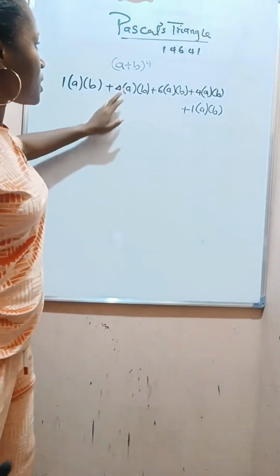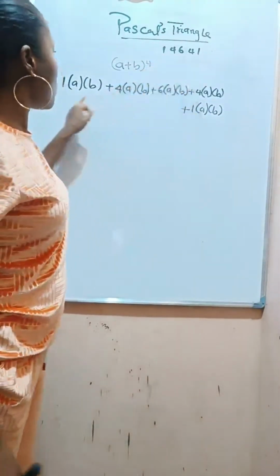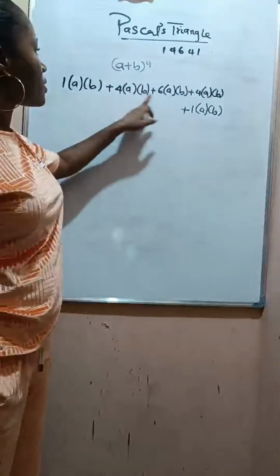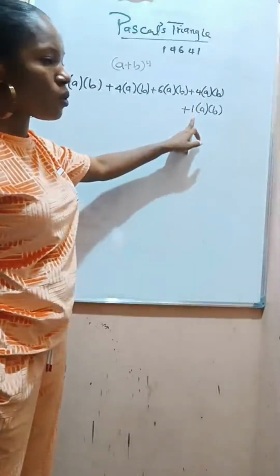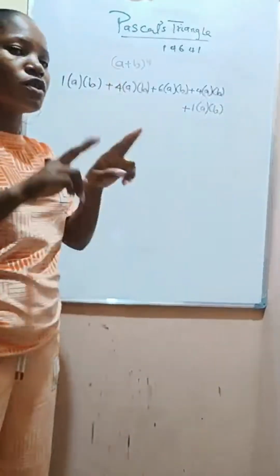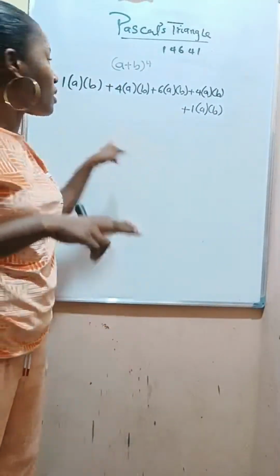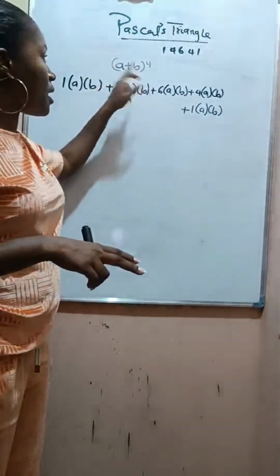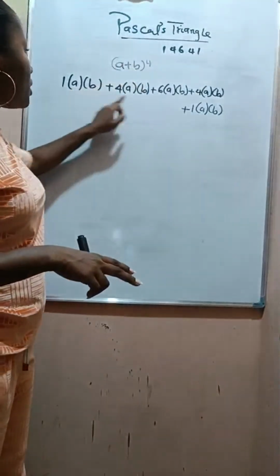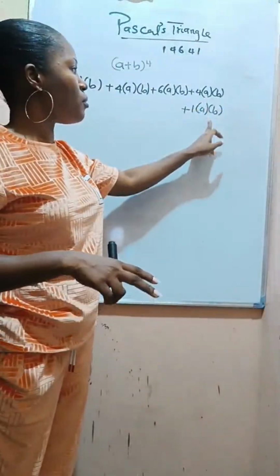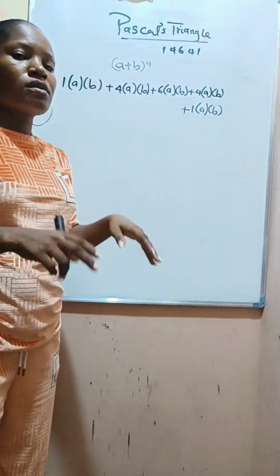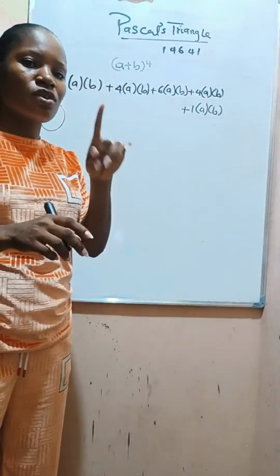All we did is add these coefficients, 1, 4, 6, 4, and 1, to the product of the two terms we have inside the bracket, which is a and b. So that is why you have ab for each of them. This is the first thing you need to do.